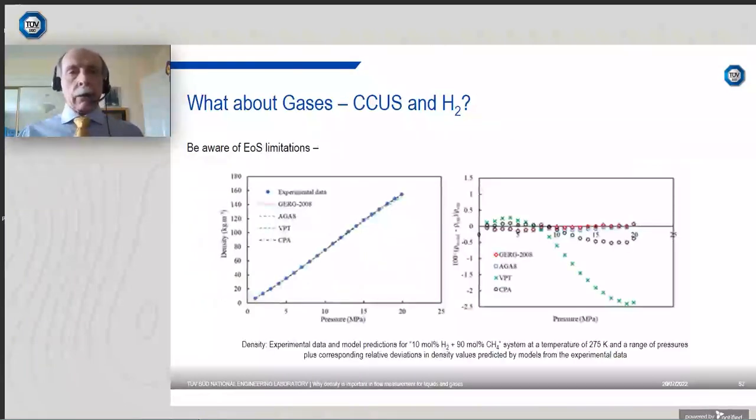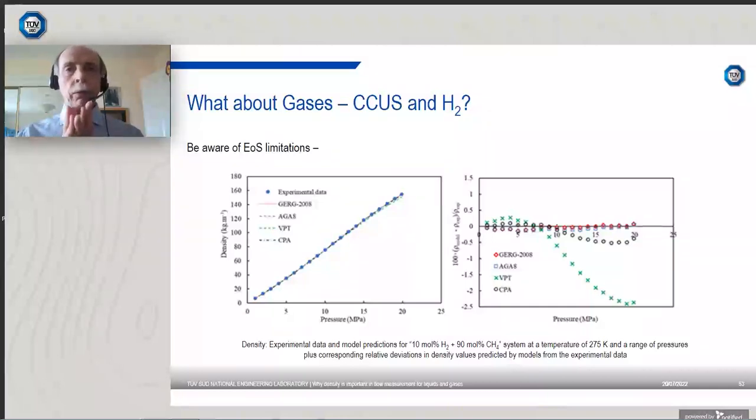And there is still the issue of how good are the calculations, because hydrogen in particular causes problems for equations of state. This is some work that my colleague, Dr. Idris Junaki, did recently, looking at the performance of 4 equations of state for mixtures with hydrogen.